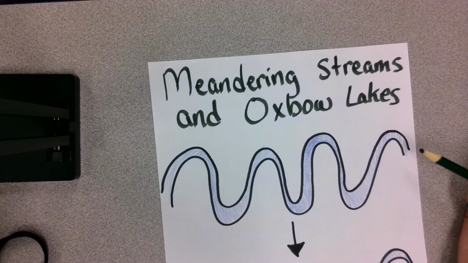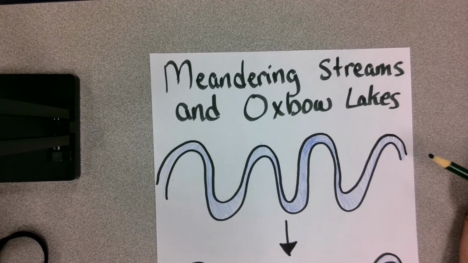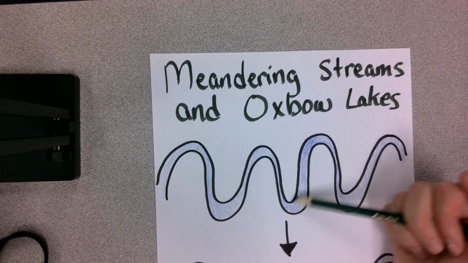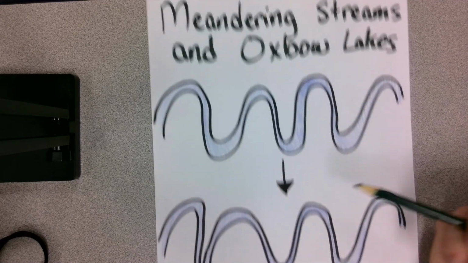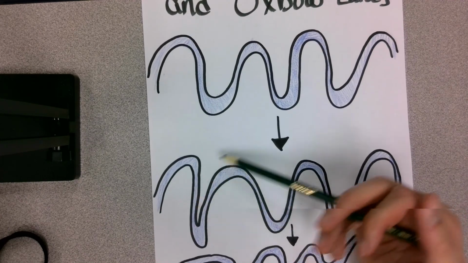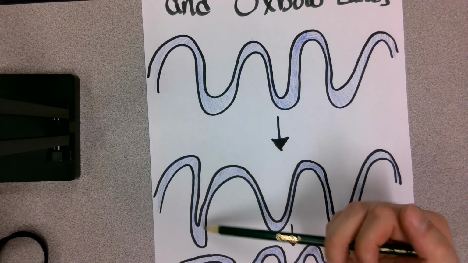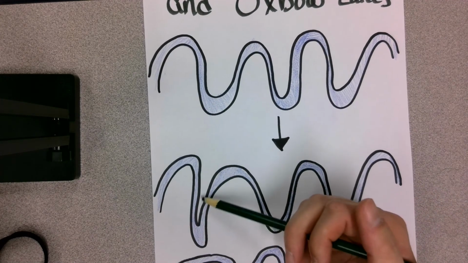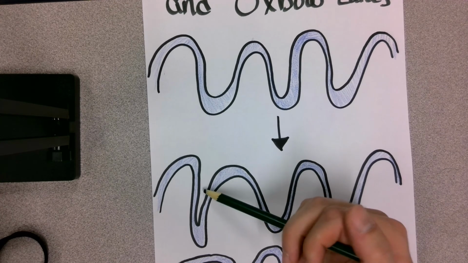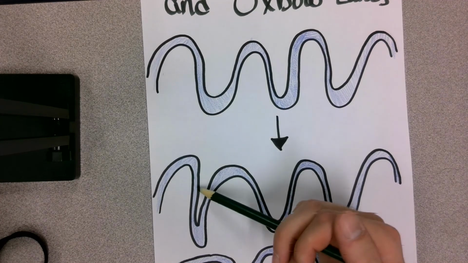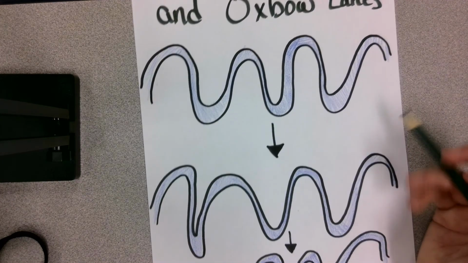So if you let a river just go to its own devices, eventually it will start to look like this. And as it looks like this, over time, the S shapes will get more and more pronounced. And eventually these two banks will start to connect, basically, and they'll converge, and more on that in a second.